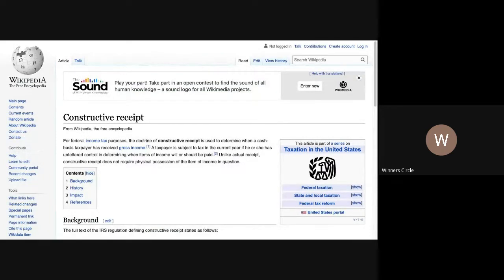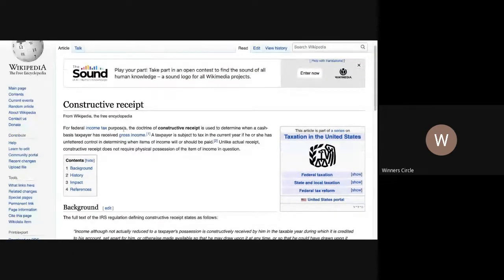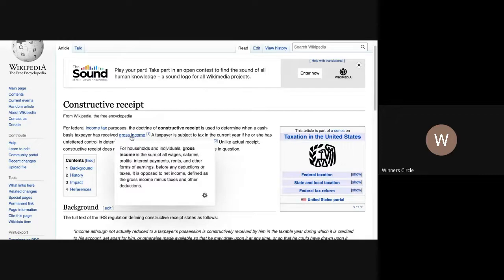Yes, constructive receipts. Okay, for federal income tax purposes, the doctrine of constructive receipts is used to determine when a cash basis taxpayer has received gross income. So when you're credited from your employer, that's what they consider is gross income.